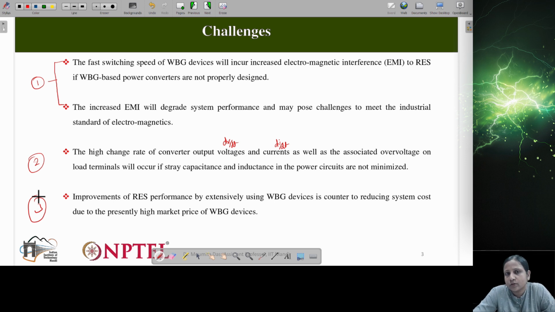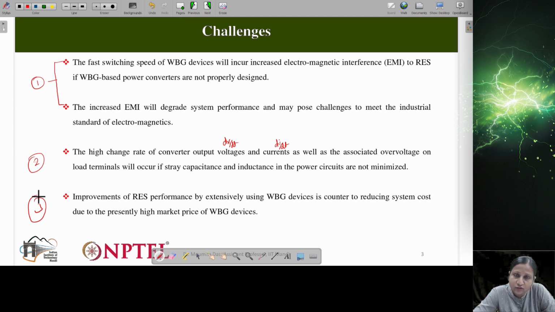Already I have discussed with you how to solve the dV/dt and dI/dt related problem, but that discussion was with respect to the device. Now when we go for high power application, high power meaning around 1 megawatt, how to solve this dV/dt and dI/dt problem at that power level while the device is operating at high frequency, that we need to explore.